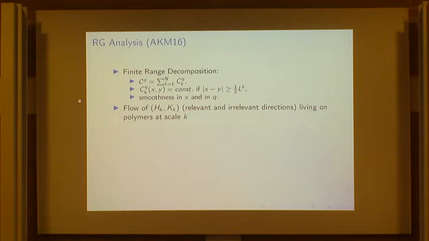Polymers, I mean these blocks of size L to the k. And then there's this big issue of finding the correct norms to show contractivity of the irrelevant part and smoothness. I will leave this completely out of this presentation.